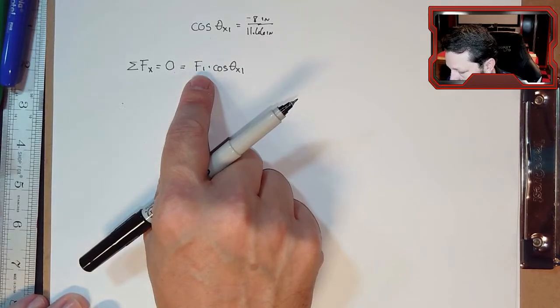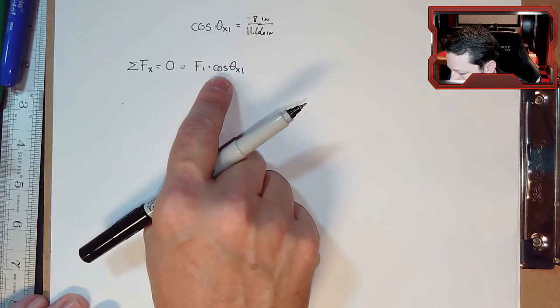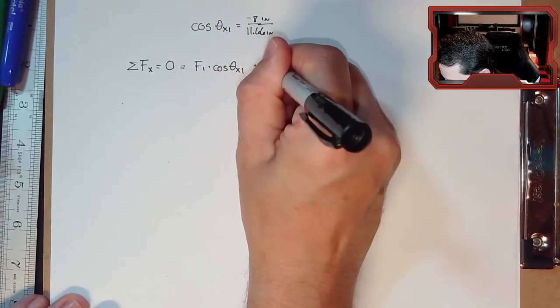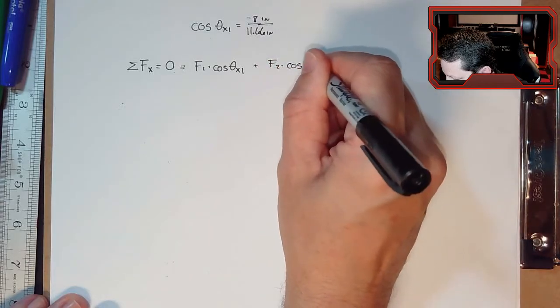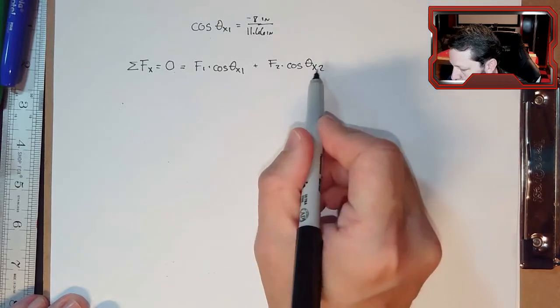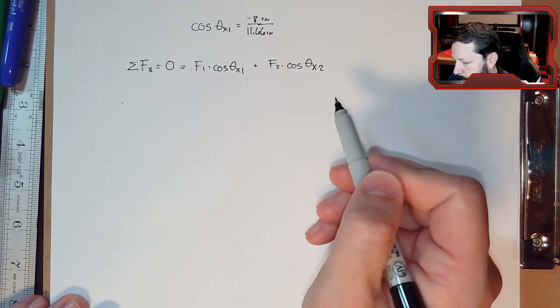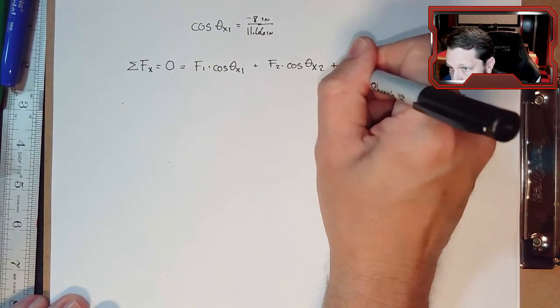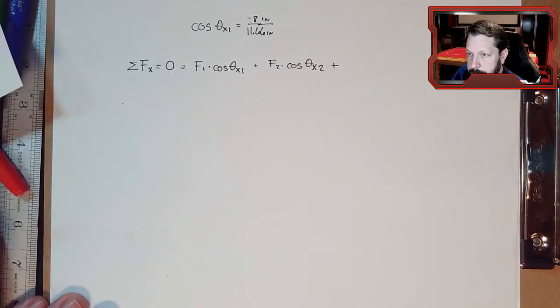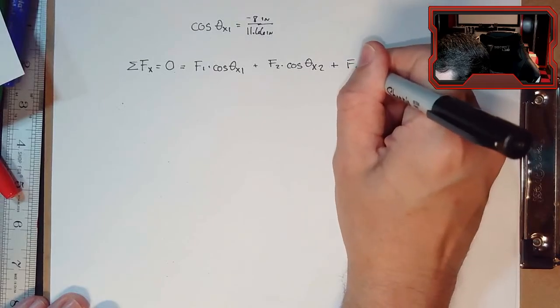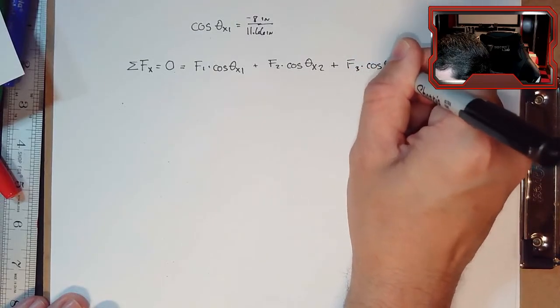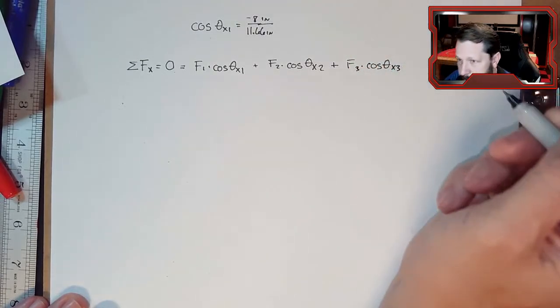So all the x components, we would have F1 times its coefficient plus F2 times its coefficient, which is going to be cosine of theta x2, the angle between the x-axis and force 2, plus F3 times cosine theta x3.